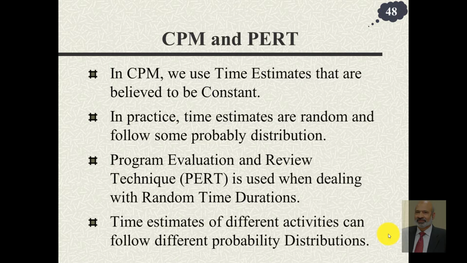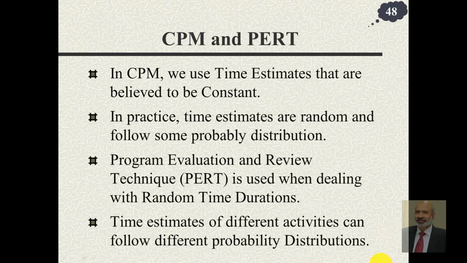We have covered the critical path method, and in this we use time estimates that are believed to be constant. But in practice, in real life, time estimates are random, and those follow some probability distribution. In order to tackle such projects where the project activity times are random, we use the program evaluation and review technique, usually known as PERT.